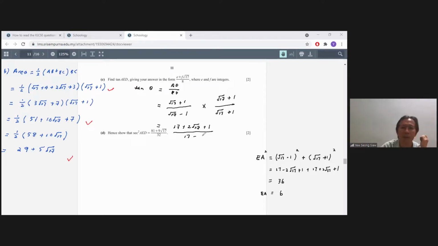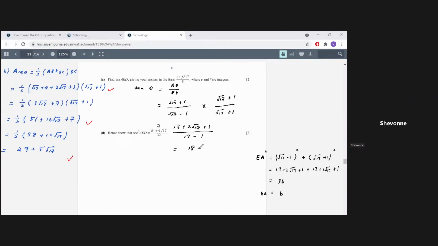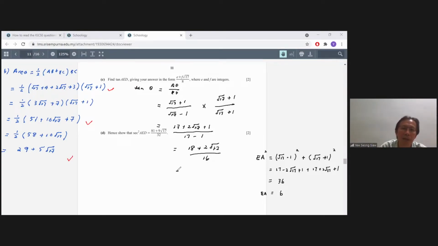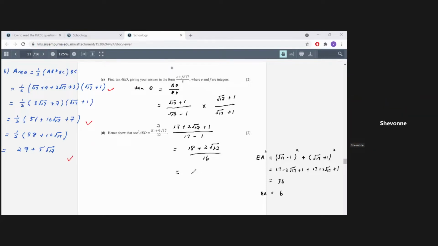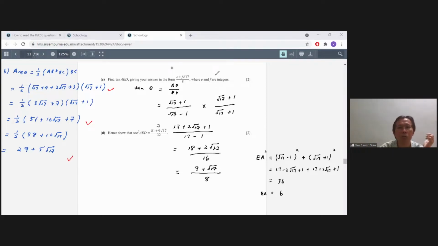Simplify: 18 plus 2 surd 17 over 16. Divide by 2, so 9 plus surd 17 over 8. Yes, thank you. 2 marks.